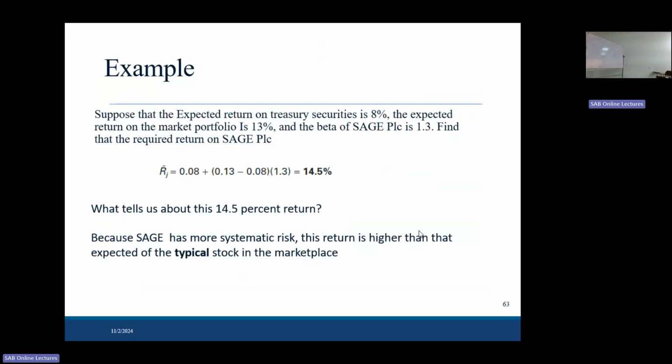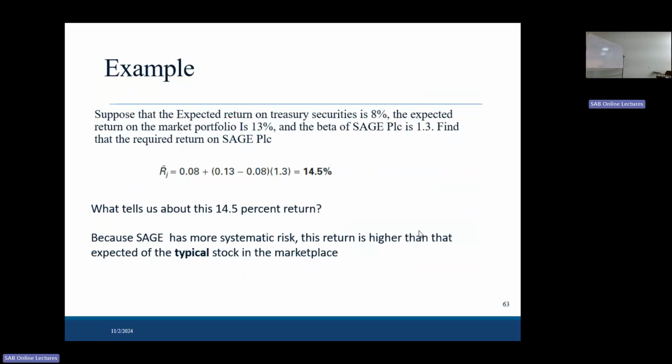Yes, beta coefficient, look at the beta, 1.3. The market portfolio beta on average is always equal to 1. This company's systematic risk is high. That is the meaning. So these investors' required rate of return is greater than the market because Sage has more systematic risk, as its beta coefficient is 1.3.